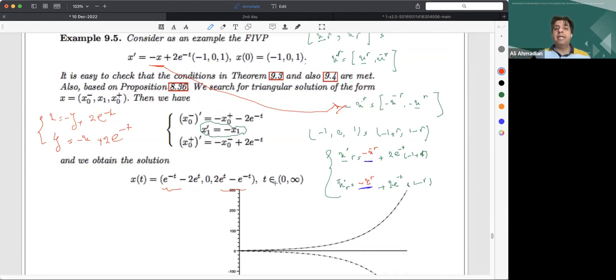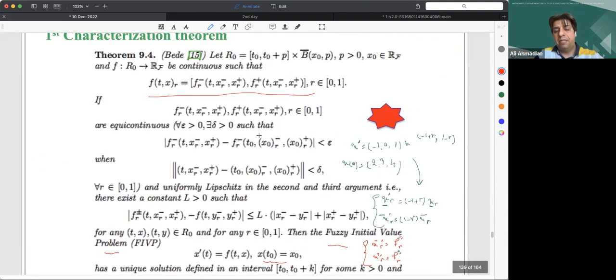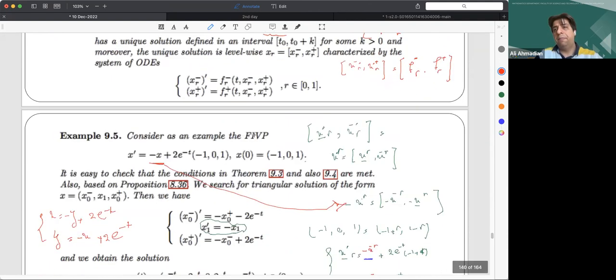Again, you can see that the example wanted to show that we transfer a fuzzy initial value problem to an ODE system, then we solve it based on exact solution method, numerical method, anything. Then once you return, you have a fuzzy number. If we consider the condition of this theorem, we call it the first characterization theorem that we have.